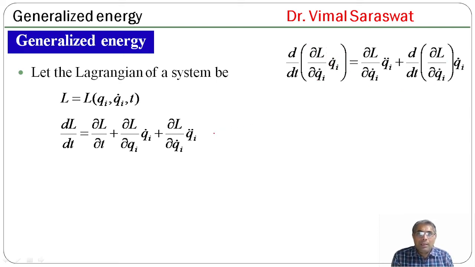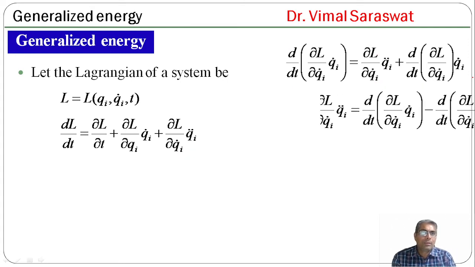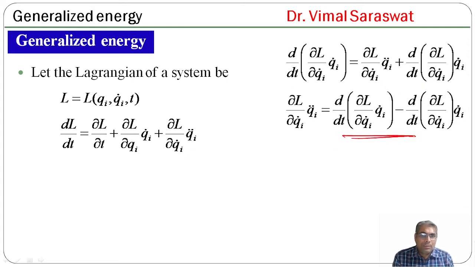Now here we require the term del L upon del qi dot into qi double dot, so we transfer this term. It means del L upon del qi dot into qi double dot will be d by dt of del L upon del qi dot into qi dot minus d by dt of del L upon del qi dot into qi dot. So we get this term. Now we replace this term with this one.